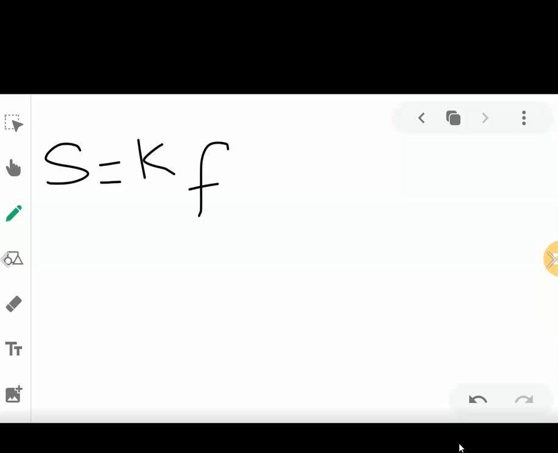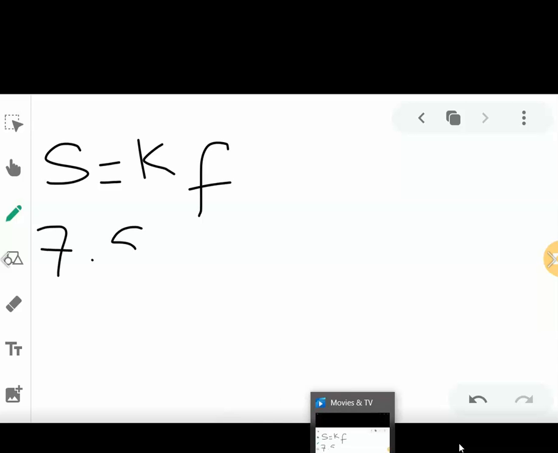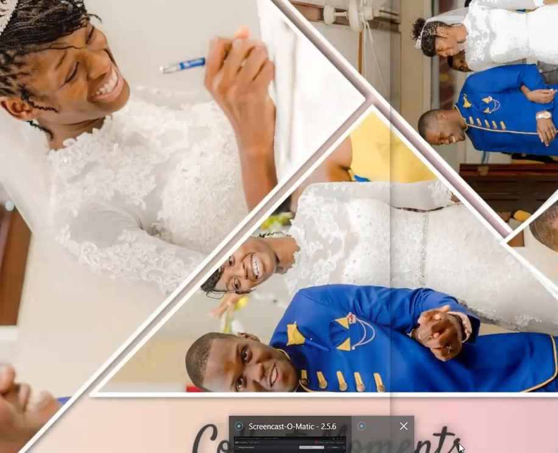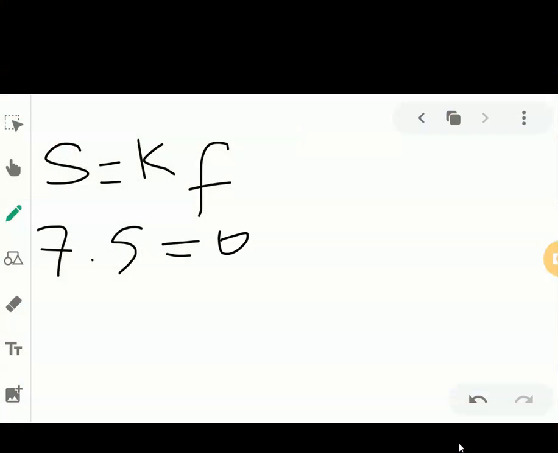So we want a stretch of 7.5. So replace S with 7.5. K we said was 0.2. Or if you want to work with the fraction, 1/5. So now we have 7.5 equals 0.2 F.